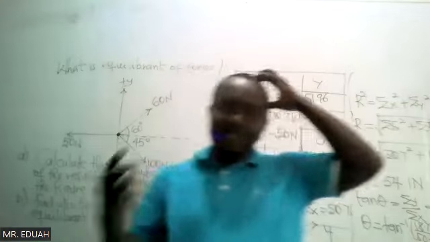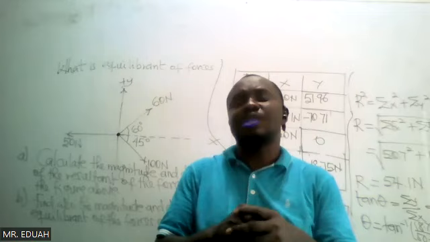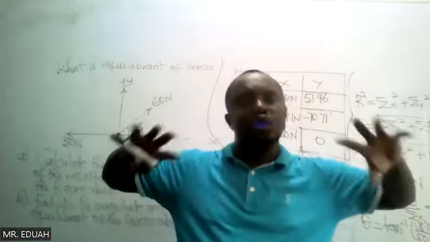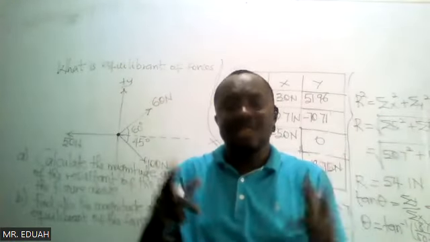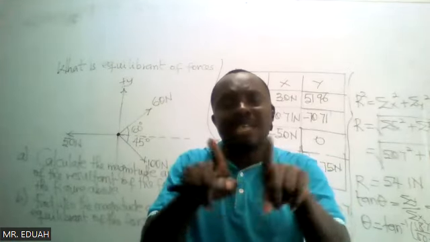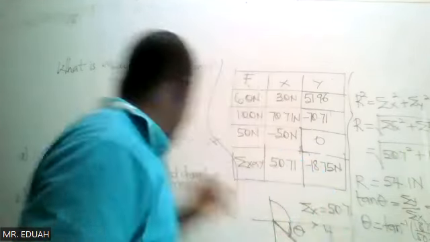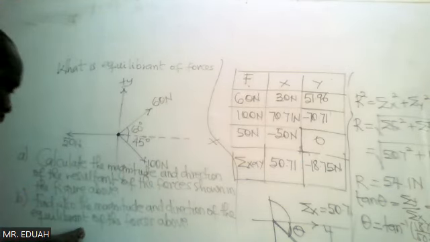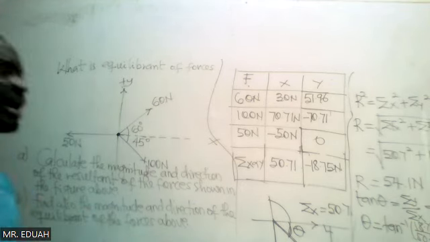In physics, an equilibrium state is where the total or net force acting on a system is equal to zero. So when the equilibrium force comes in, the total force acting is equal to zero. So find also the magnitude and direction of the equilibrium of the forces above.